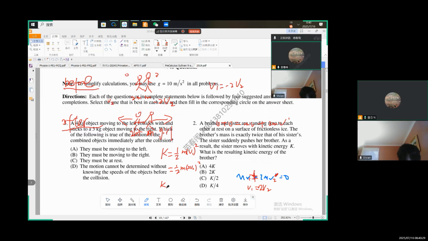K2, which is 1 over 2, 2m, right? Times v2 squared, right? This is mv2 squared, and this is 2m v2 squared. So which one do you want to choose? Oh, wait. You want to choose C, right?